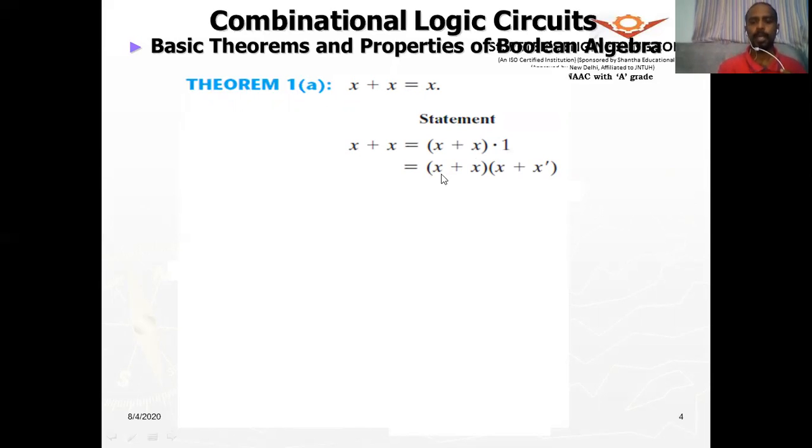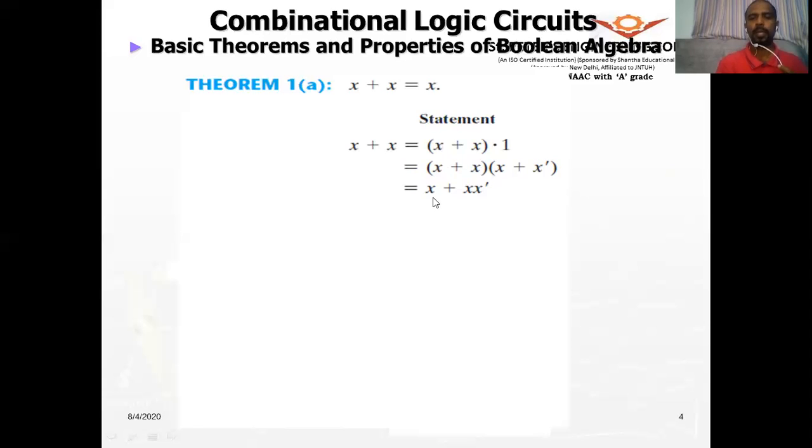Now we multiply term by term. Multiplying x and x gives x, and again you get 4 terms: x and x, x and x, then x complement and x, and x complement and x. So x we get 2 times, and x complement we get 2 times.